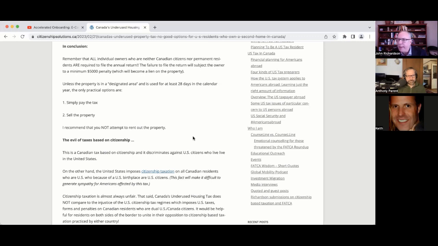Next, understand that, assuming you're not in one of those designated areas, this is not a tax based on you not occupying the property enough as the owner. It's a tax based on you not making the property available for somebody else to live in. And I swear to God, under no circumstances should you get into renting that property. It's also set up so you can't Airbnb it, if you look at the regulations.